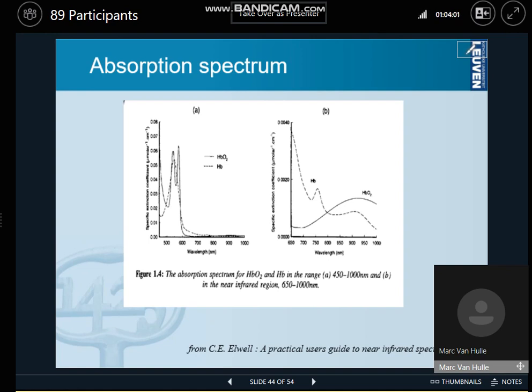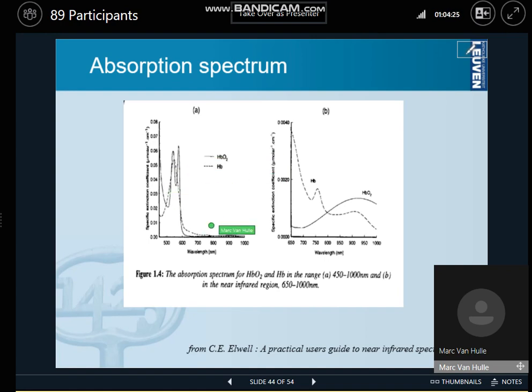And on slide 44, on the left-hand side, you see the spectrum that is picked up by your sensor. That is the part that is not absorbed. Then you can see the difference between the oxygenated and deoxygenated blood.